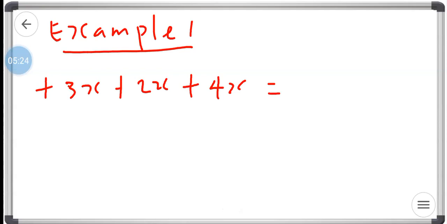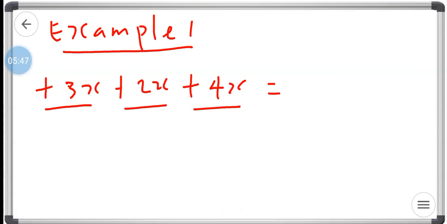When we deal with this kind of question, the algebraic sum of two or more positive like terms is positive. Now if you look here, we have 3x, plus 3x, plus 2x, and plus 4x, which means we have like terms here.